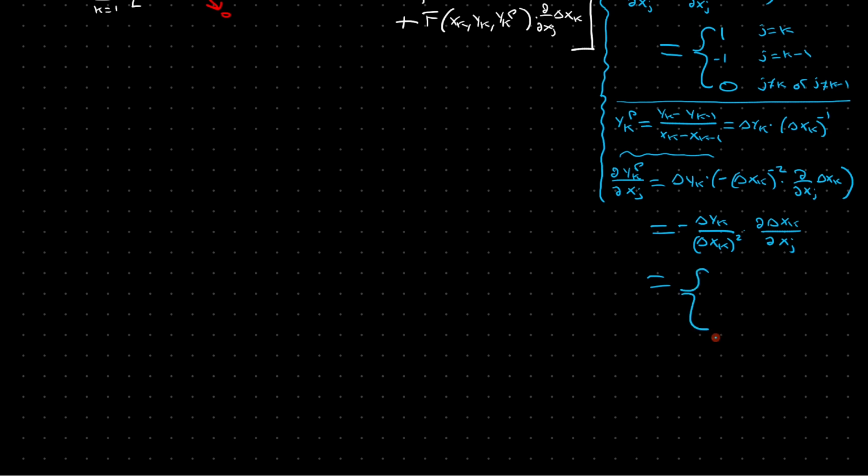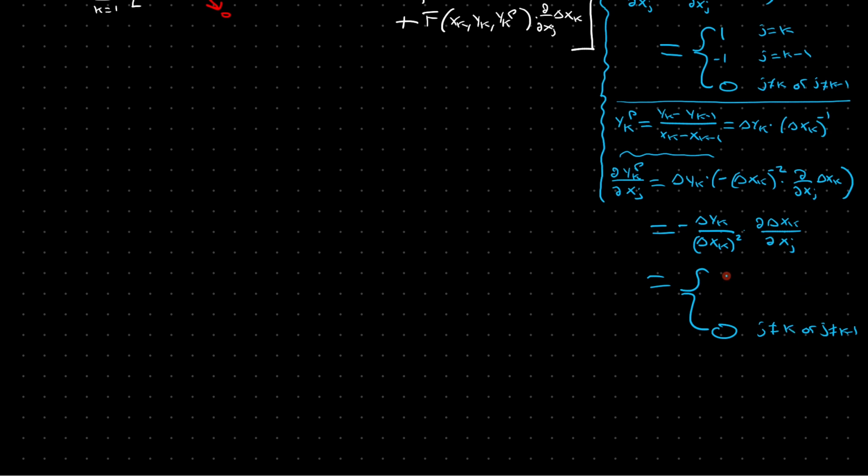So this is going to simplify to 0, because this is 0 if j is not equal to k or j is not equal to k minus 1. But if j is equal to k, this expression right here is equal to 1.